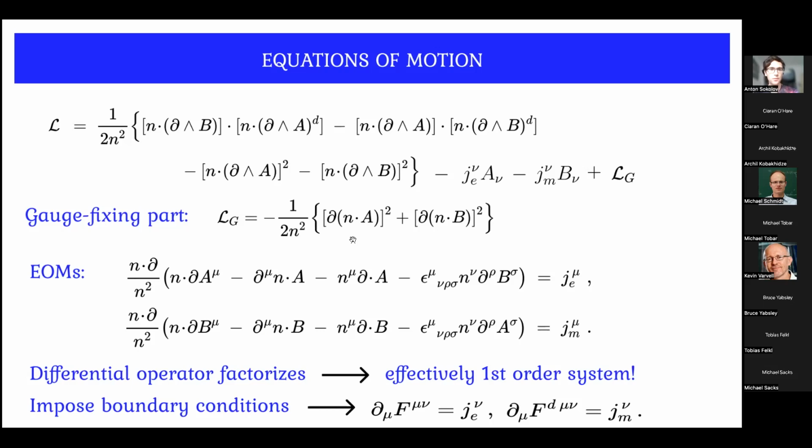Zwanziger also introduced the gauge fixing part. So we now have 2 gauge invariances, of A and B separately, and for instance we can fix them with this gauge fixing Lagrangian. What is interesting is that we then get equations of motion for which the differential operator factorizes, and we see that they are basically first order differential equations. This is, I think, a nice and intuitive illustration of why 2 4-potentials describe one particle, which is a photon.